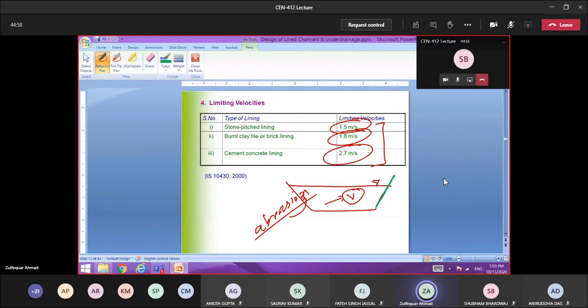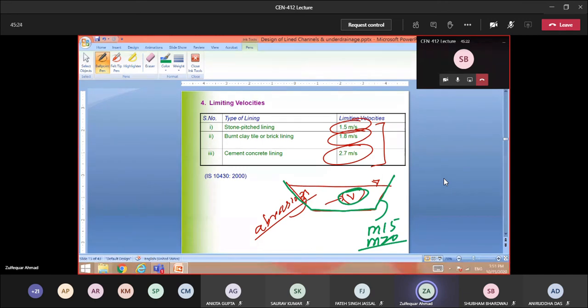So this is a very low strength concrete, and that's why if you allow very high velocity, the surface of this concrete will be eroded with the flowing water, because the duration of flow is very high. It's not like a river or any other structure where you have flow only for a limited time. Is it clear?